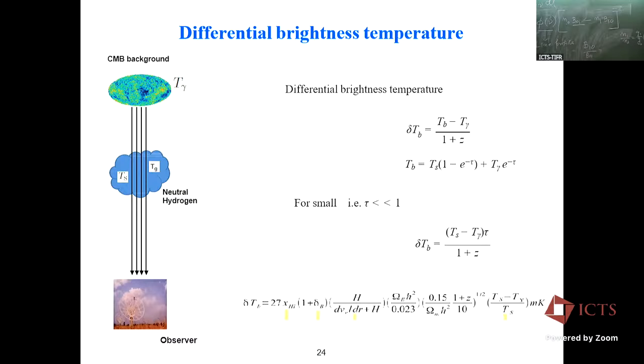Just a minute, I forgot the relation. Yeah, so that is G0 by G1.